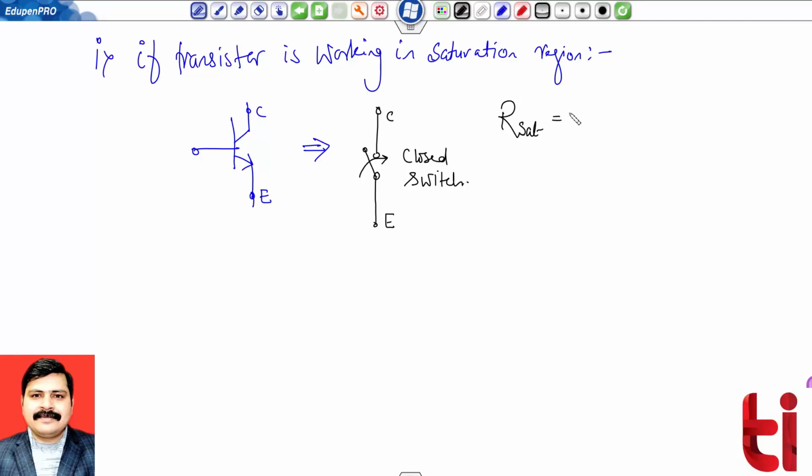My R sat will be equal to VCE sat divided by collector current IC sat.